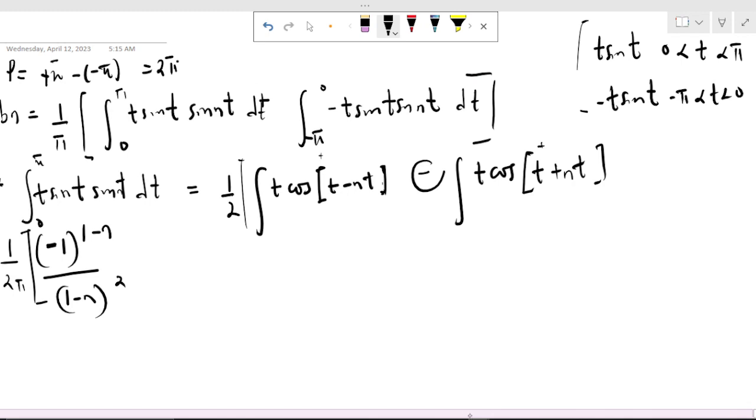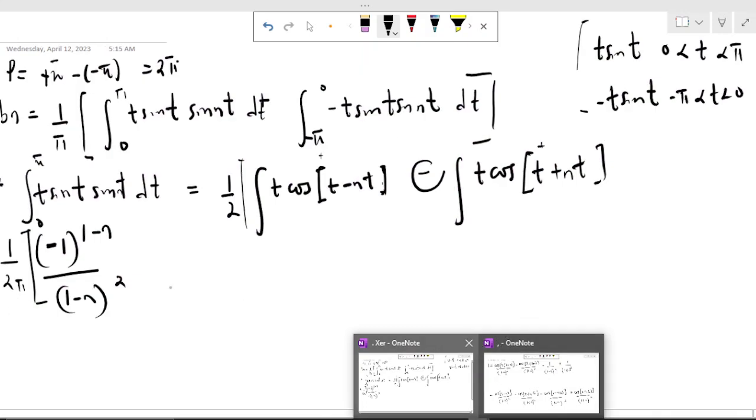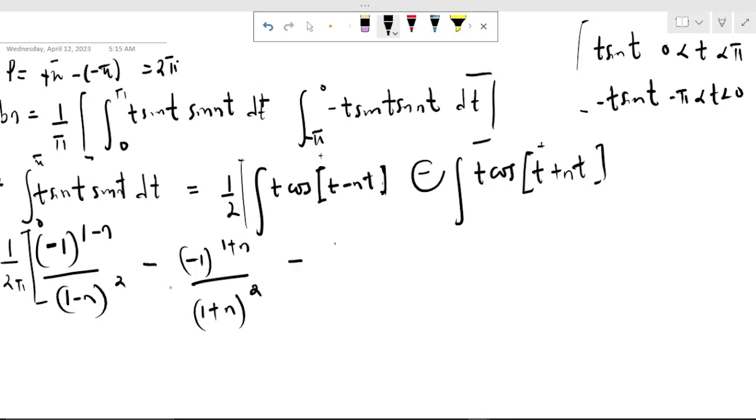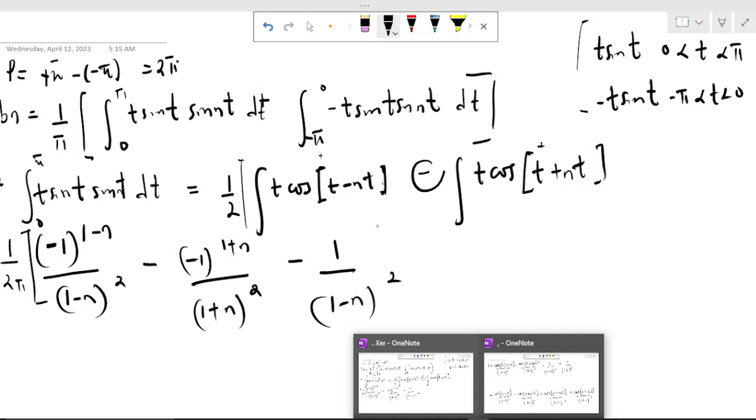Let's go back. Our cos pi times 1 plus n over 1 plus n squared now becomes minus 1 raised to the power 1 plus n over 1 plus n squared. And then we are left with this, minus 1 over 1 minus n squared, and plus 1 over 1 plus n squared.